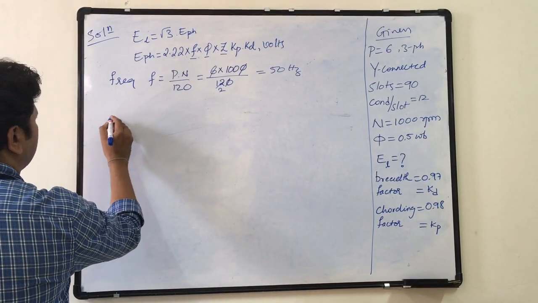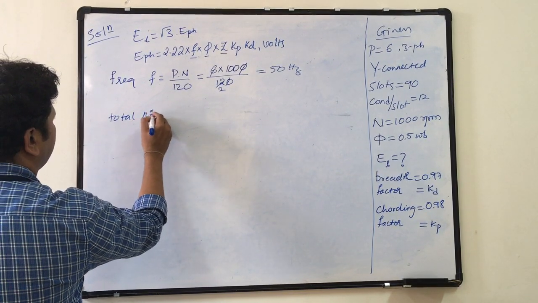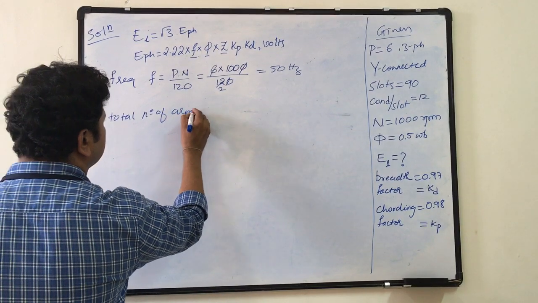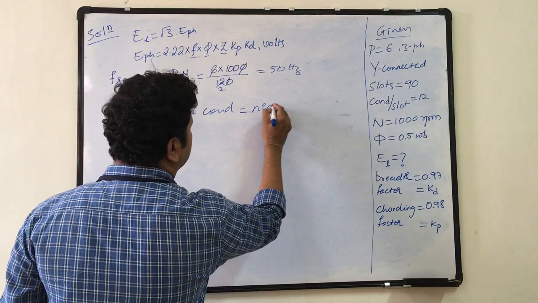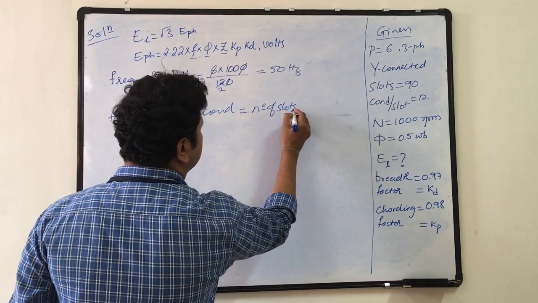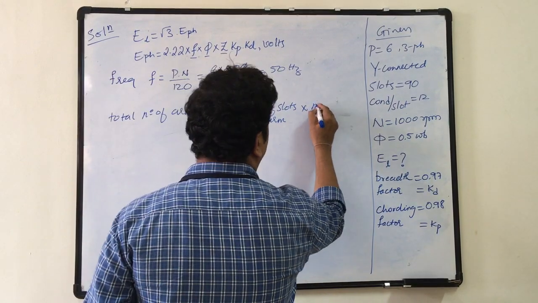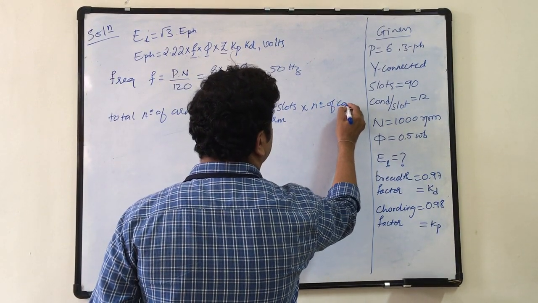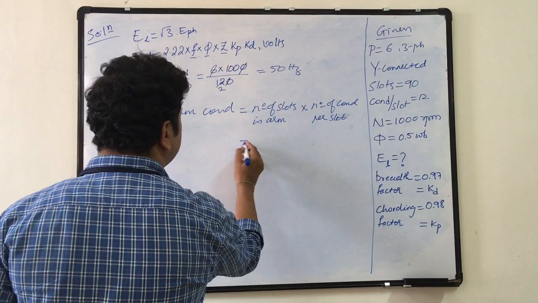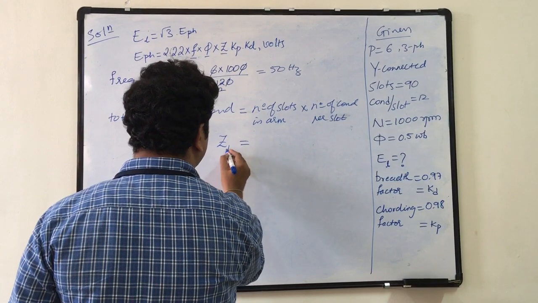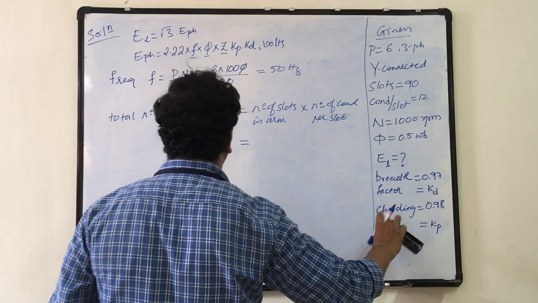So total number of armature conductors is equal to number of slots in armature multiplied by number of conductors per slot. So this is equal to, I can take it as Zt.